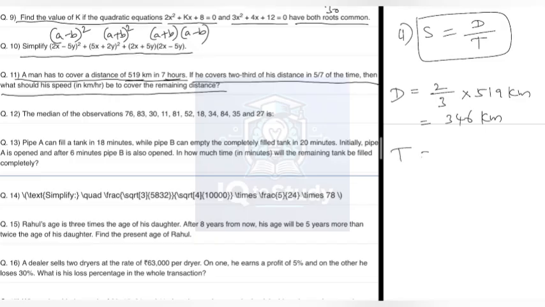And time taken is 5/7 of total time, which means 5 by 7 into 7, which is equal to 5 hours.